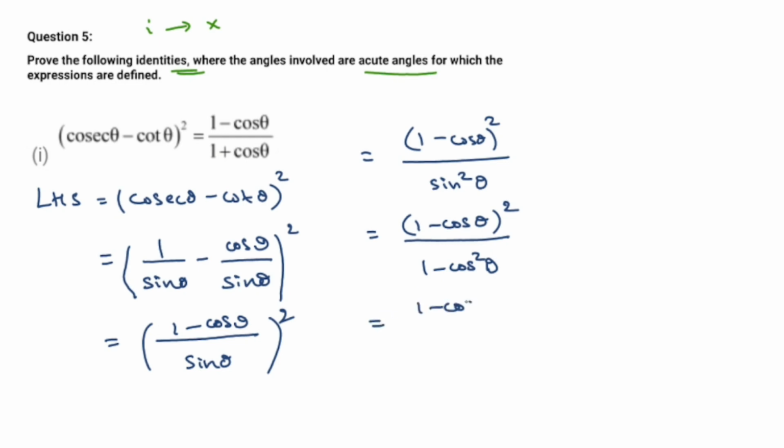This is 1 minus cos square theta, the same as 1 square minus cos square theta.